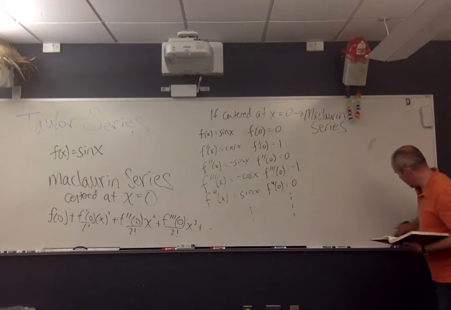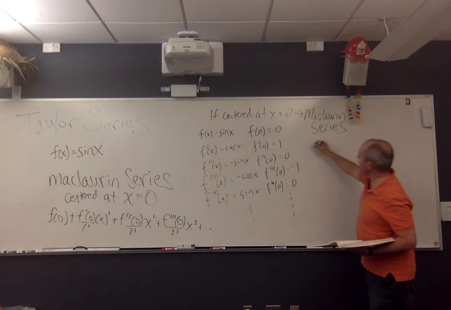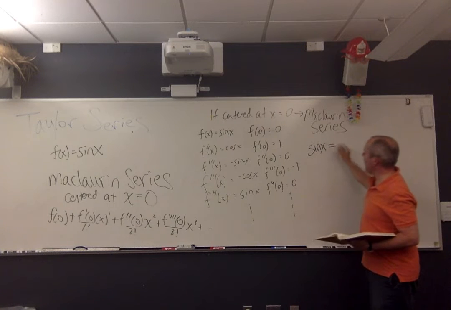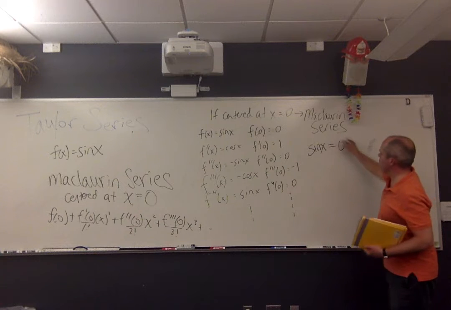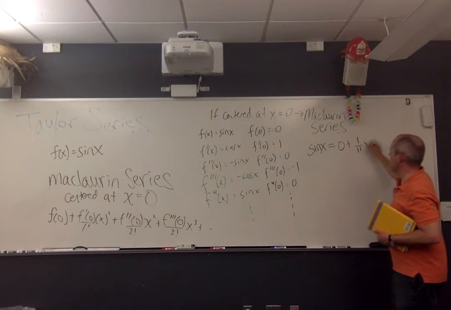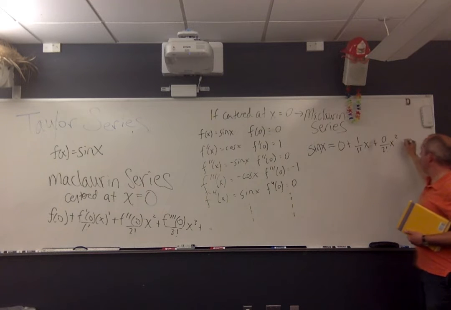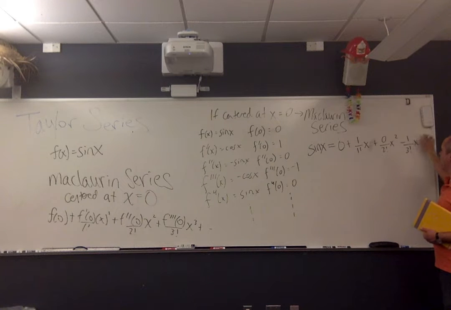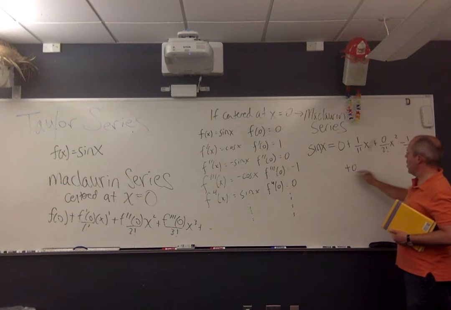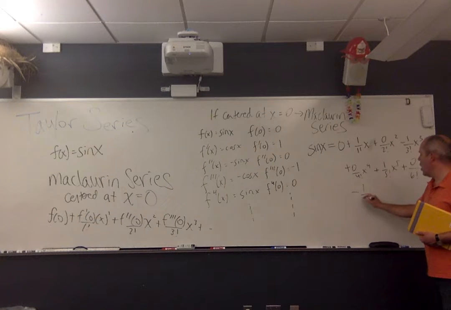I claim that sine of x is equal to f of 0, which is 0, plus f prime of 0, which is 1 over 1 factorial times x, plus 0 over 2 factorial x squared, minus 1 over 3 factorial x cubed, plus 0 over 4 factorial x to the fourth, plus 1 over 5 factorial x to the fifth, plus 0 over 6 factorial x to the sixth, minus 1 over 7 factorial.